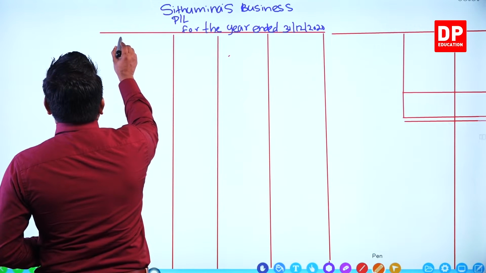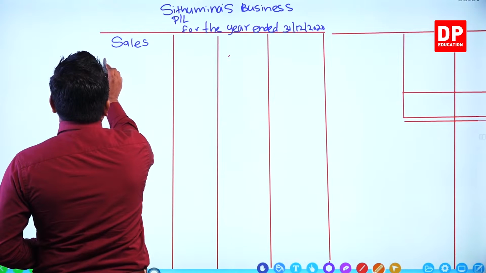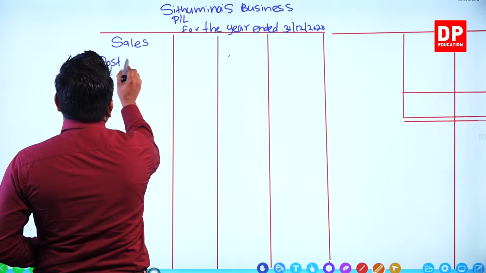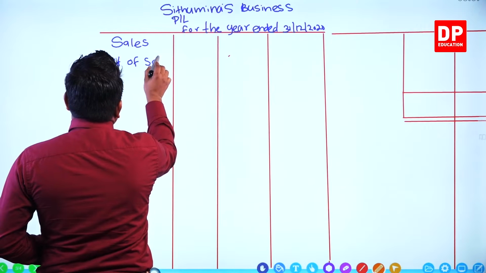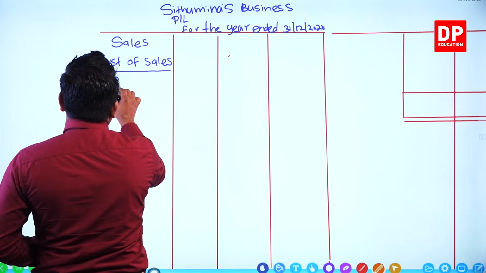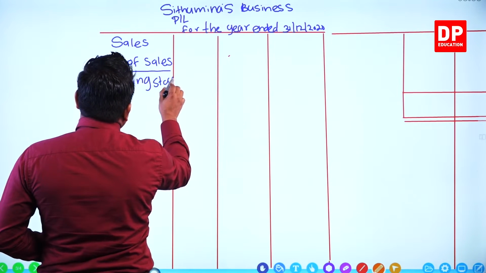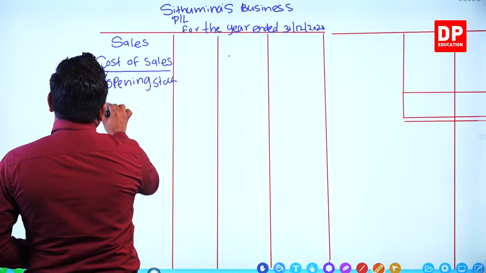On the top, we write what? Sales. After that, what we write? Cost of sales. Then you underline opening stock. Opening stock, the same way we have done in the previous question.